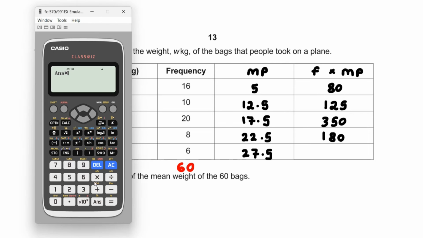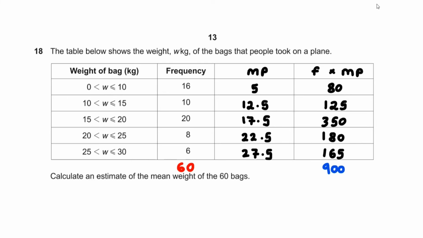Then I've got 6 times 27.5, which is 165. So now if I add all these together, 80 plus 125 plus 350 plus 180 plus 165, that's 900. And therefore, to find out what the mean is, that's 900 divided by 60, which is 15.